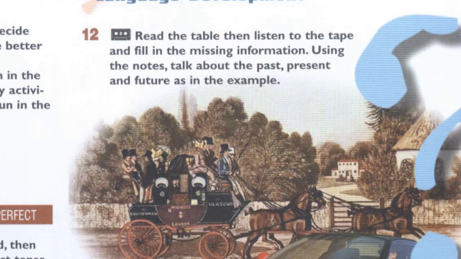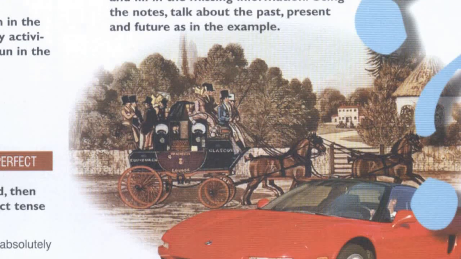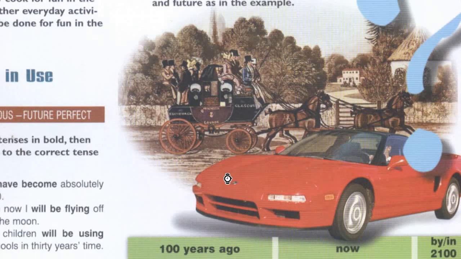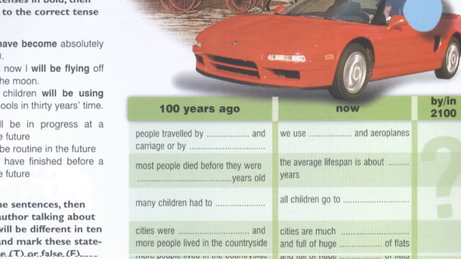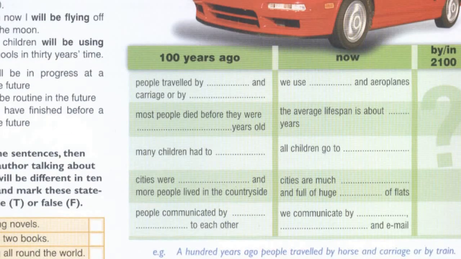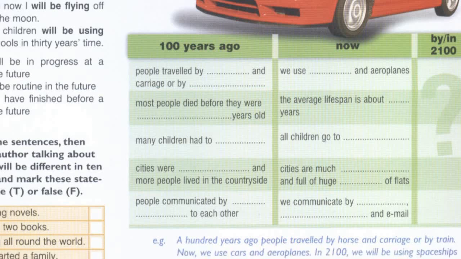Okay, you look at the table here. The table is presented here to you. In this table, you can see on the left side the title is 100 years ago, and the next title is now. And you need to listen and complete the sentences here.